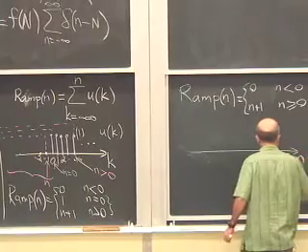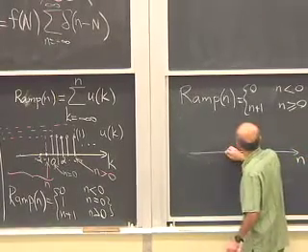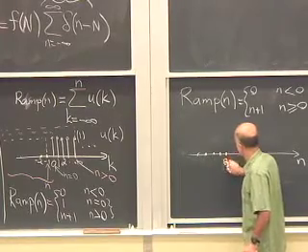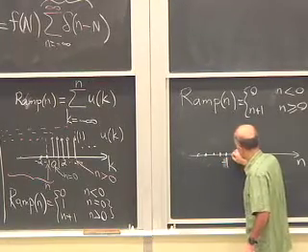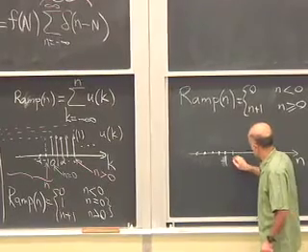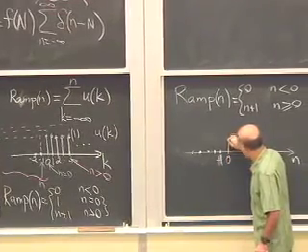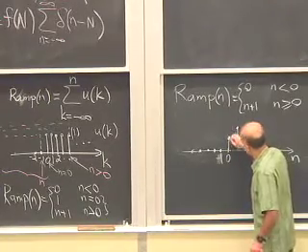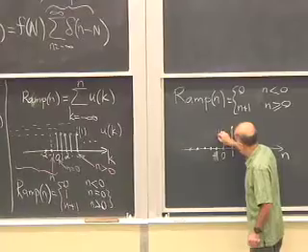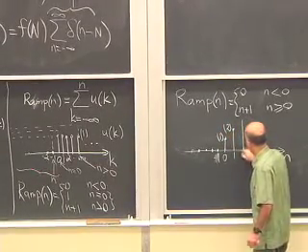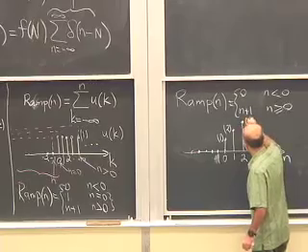And how would you plot that? So it's 0 for negative. At 0, it's 1. At 1, it's 2. At 2, it's 3.